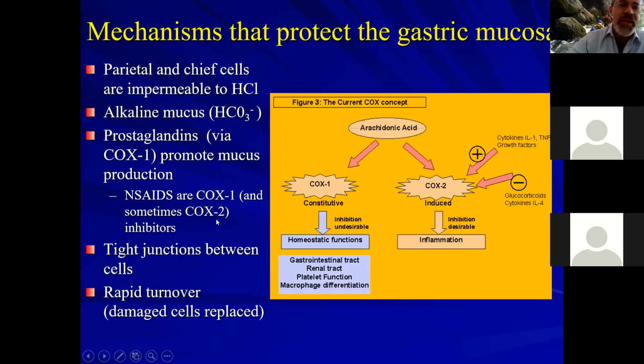One of the things I wanted to mention, interestingly, is the production of prostaglandins. Actually, where are we here? Okay, so the mucus produced by those mucus cells depends on being stimulated by hormones called prostaglandins.